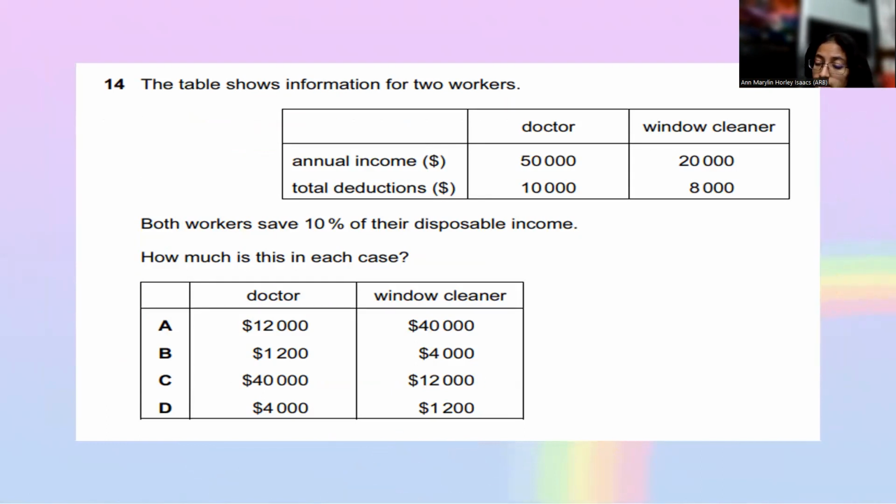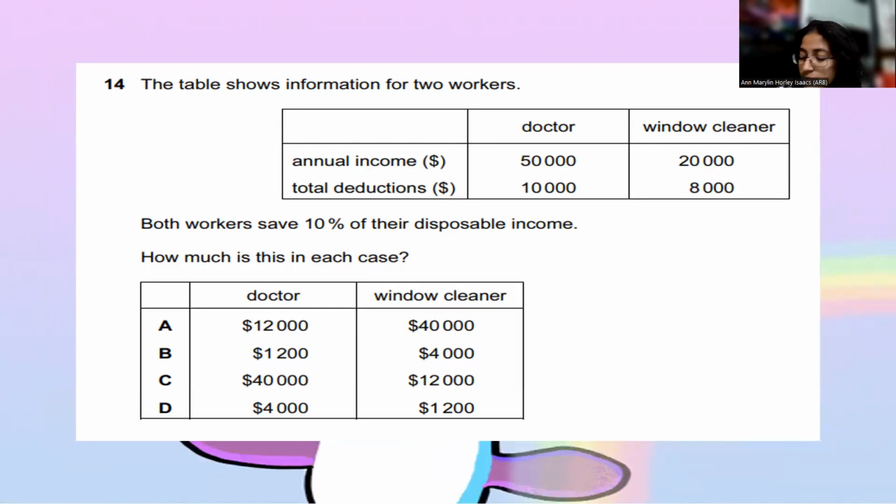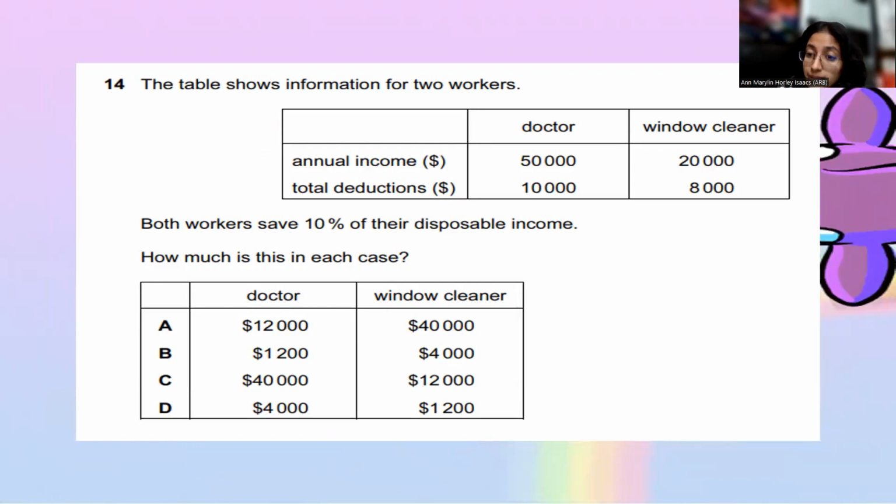If you see what your parents earn, they have got gross salary and they have got net salary, isn't it? So gross is whatever is stated on their offer letters. Say I'm going to work now, and it says on the offer letter I'm earning 2,000 ringgit, for example.